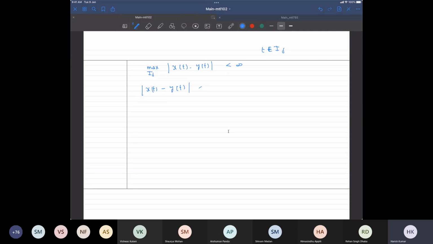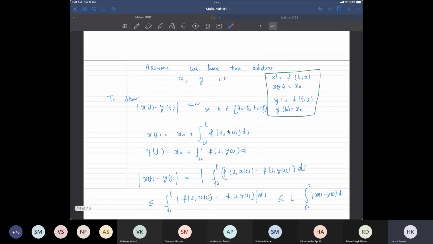So this is less than or equal to the maximum. I took the maximum of this thing out. And L was out, and what is left is the integral t naught to t ds, which is basically less than or equal to L times the maximum of |x(t) minus y(t)| over I delta, times delta.